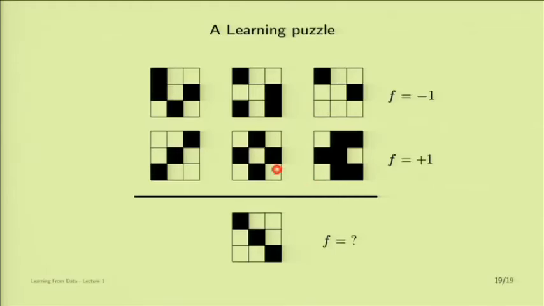So let's see. If I said it the other way around, so the top one is black, it would be -1. So this would be -1. If it's symmetric, it would be +1. So this would be +1 because this one has both this black and also is symmetric, right? And you can find infinite variety like that.